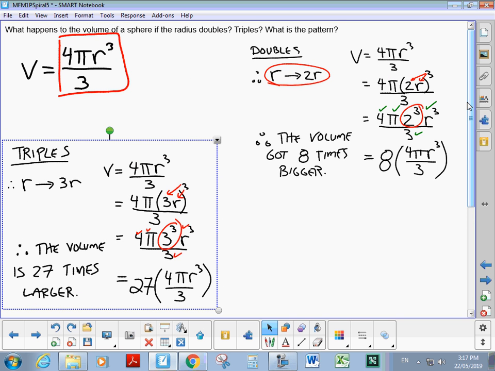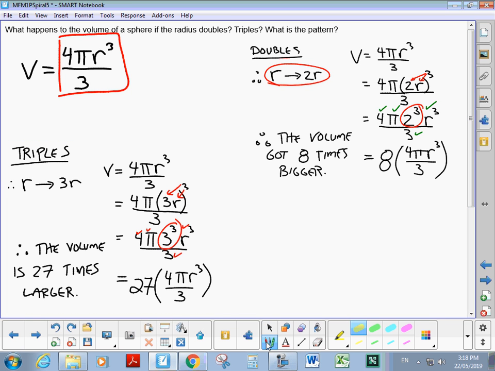Well, hopefully you can see that the pattern is if I double the radius, the volume becomes 2 cubed bigger, or 8. The radius tripled, well, that became 3 cubed, or 27. So whatever you do to the radius, you put it to the exponent 3 for volume.